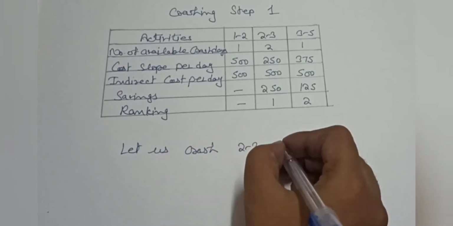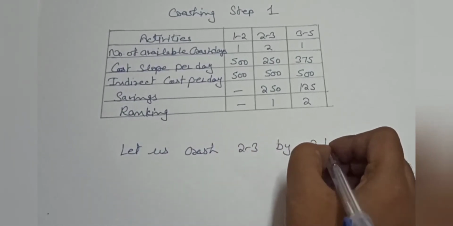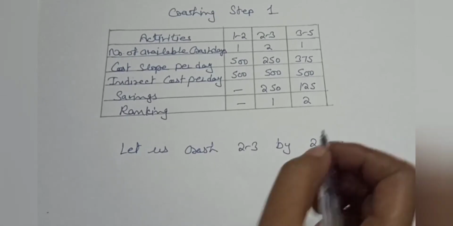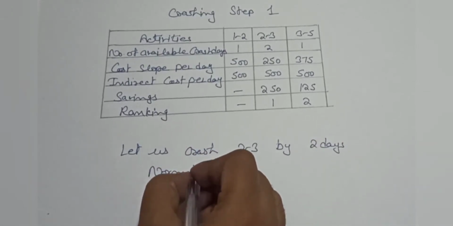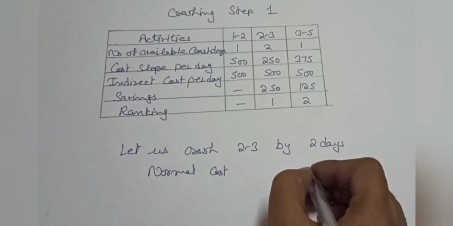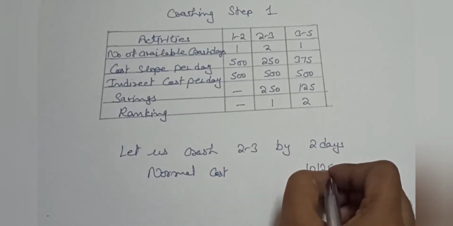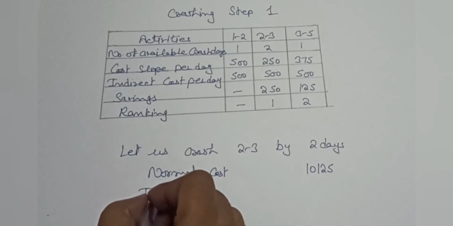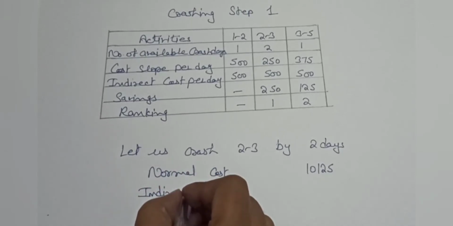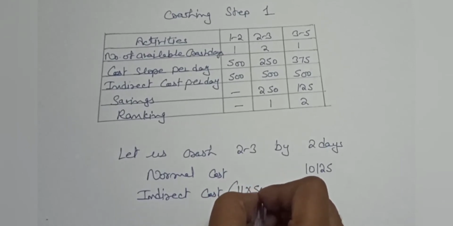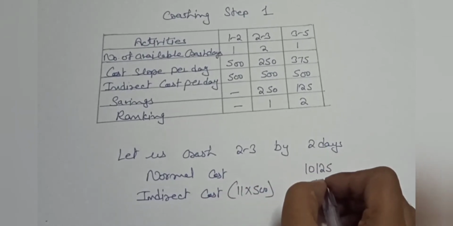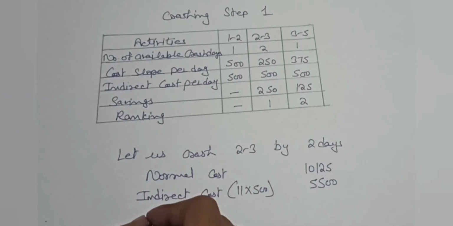We will crash this activity by 2 days. So our normal cost will remain the same at 10,125. Our indirect cost for 11 days is equal to 5,500.